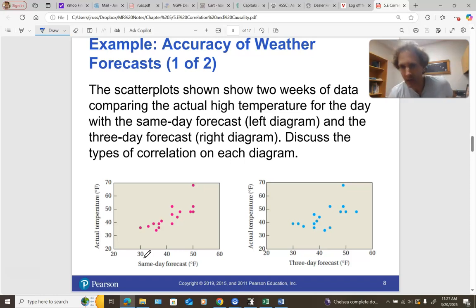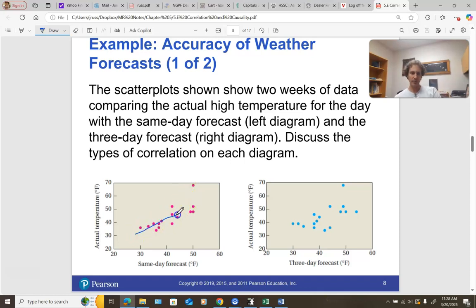You get up in the morning, you're getting your kids ready for school, or you're getting ready for work, or whatever the case may be. You turn on the news, and whatever they're predicting the high temperature to be that day, that is the same day forecast, okay? And then what we see over here on the vertical axis is the actual high temperature for that day. Now, we wouldn't expect this to be correct, right? But we would expect it to be fairly accurate because it's a forecast being made that very same day.